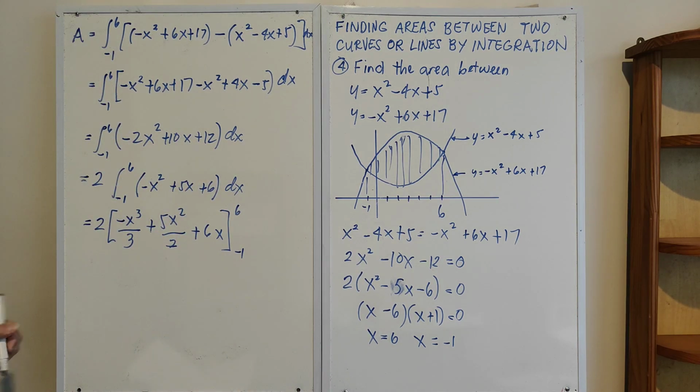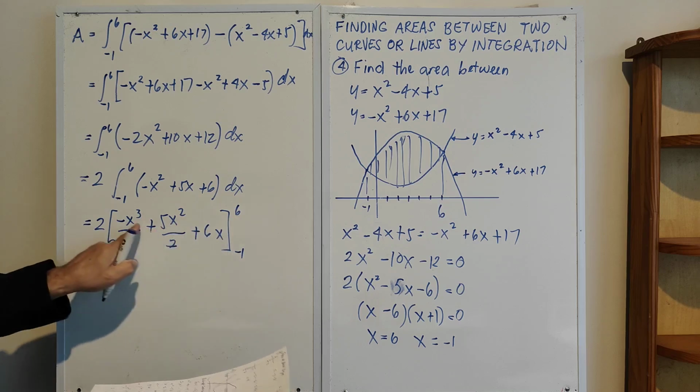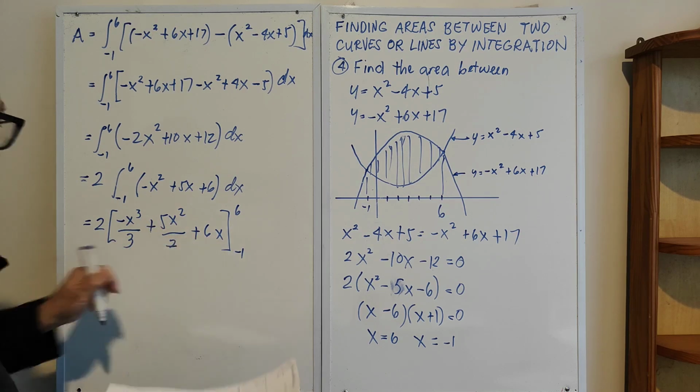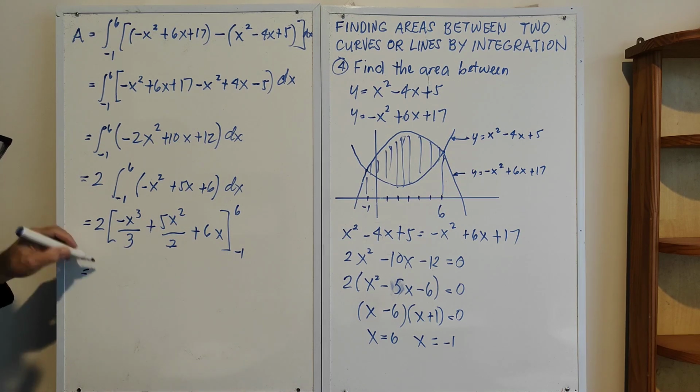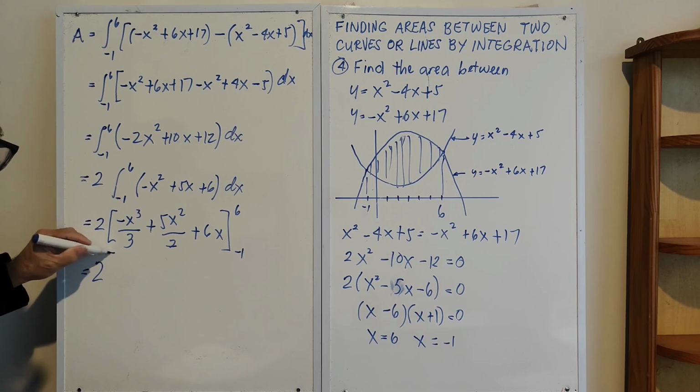So we substitute the 6 to all the x. There's still a big 2 in there.